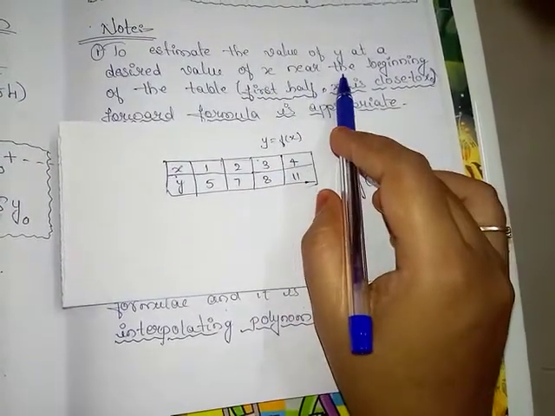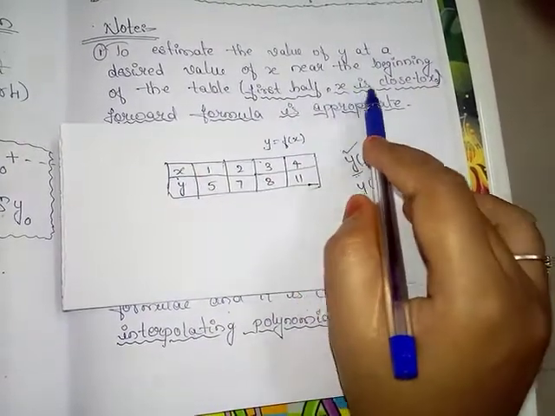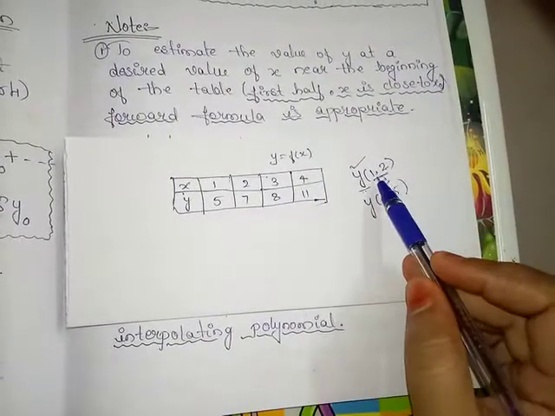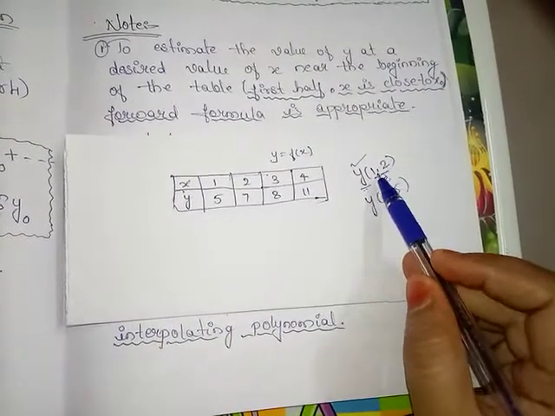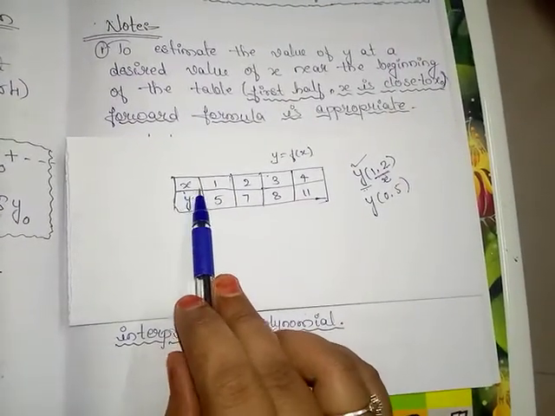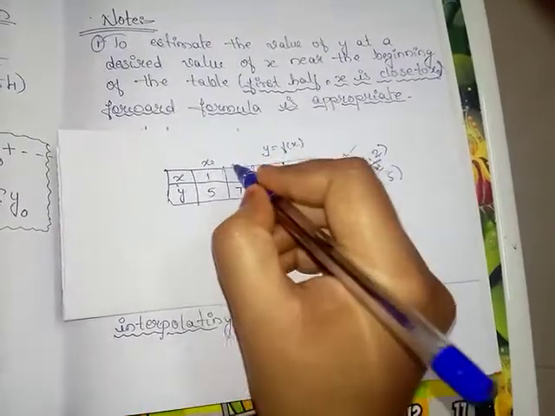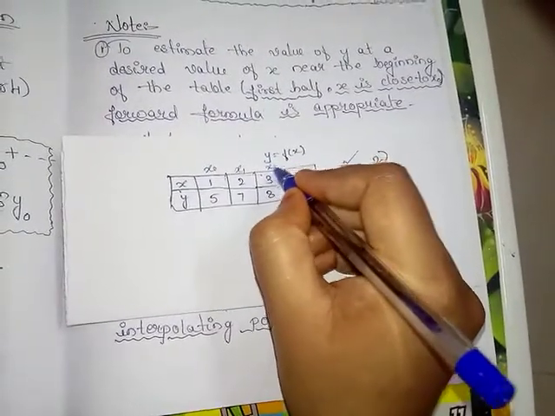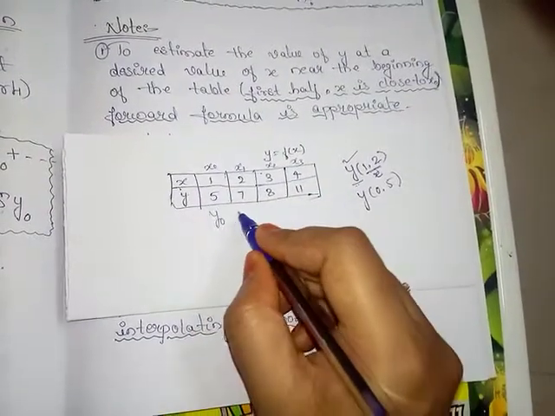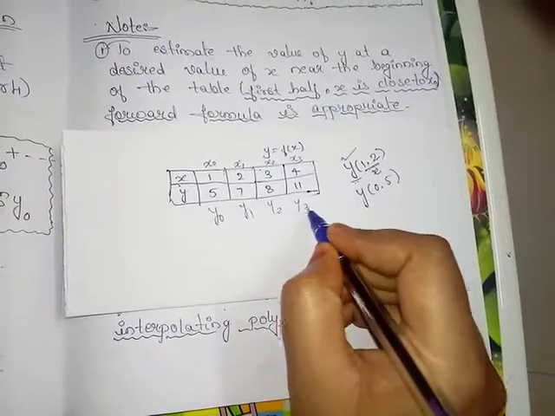x is near the beginning of the table, which lies in the first half, or x is close to x naught. See this 1.2, whether this 1.2 is near to x naught. The x values: this is x naught, this is x1, this is x2, this is x3, with corresponding y naught, y1, y2, y3, like this.